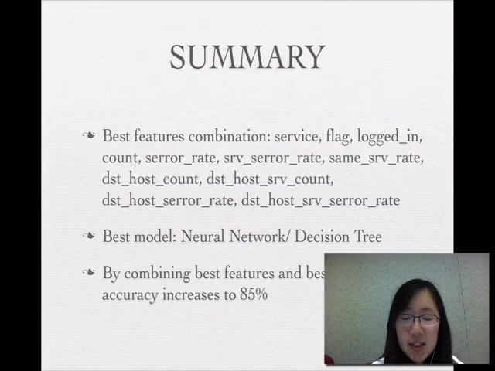So finally, we can summarize that the best feature combination is as follows, and the best models are the neural network and decision tree. By combining the best features and best model, the accuracy increases to 85%.